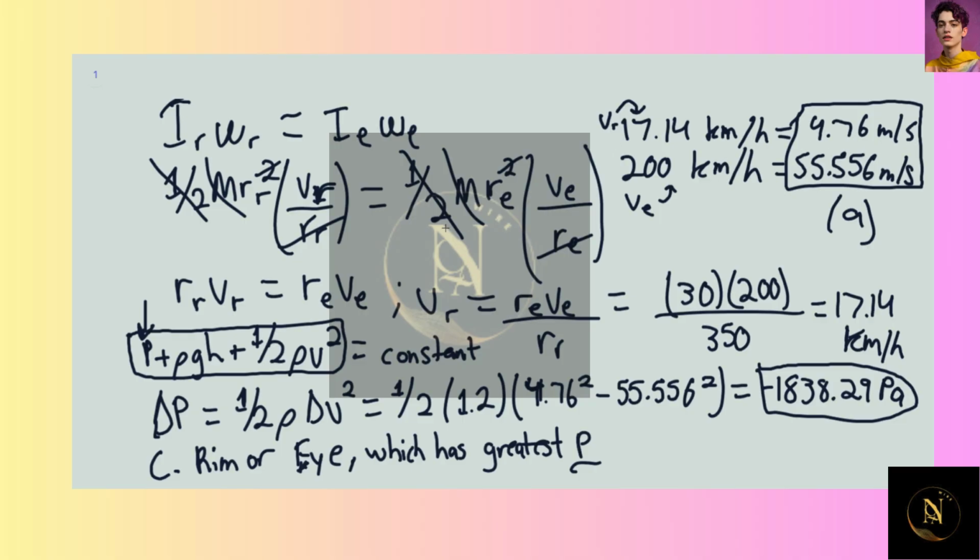So if this term is constant, that means that the rim has to have the greatest P. So which has the greatest P? The rim. And again, this is simply because the sum in Bernoulli's equation is a constant, and most of this constant is going to be coming from the P, given that the rim does not have a high velocity.